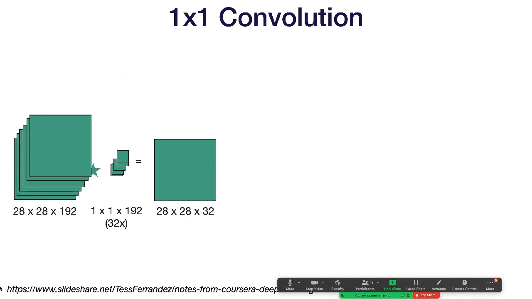One other way to reduce the dimensionality of the tensor that we're operating on is, instead of taking patches of an image and replacing them with a single value, to decrease the number of channels in the tensor. Let's say that we have something that's 28 by 28 by 192, right?